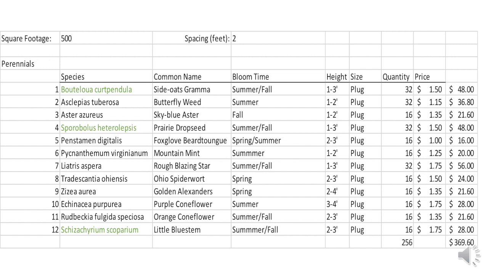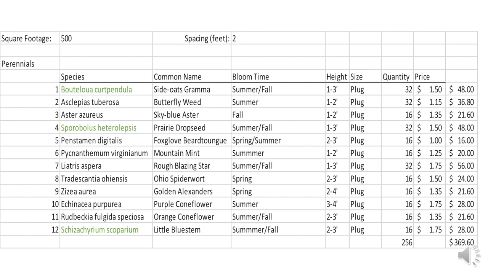Additionally, there are actually a number of different Rudbeckia species that go by the common name black-eyed Susan. So Rudbeckia hirta is one example of a species that goes by black-eyed Susan, which is actually a completely different species than the Rudbeckia fulgida speciosa that I've listed here, and they grow to different sizes.